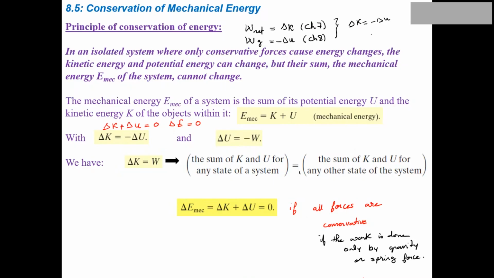If I have some friction, then some energy is lost by heat. I will not say the total mechanical energy change is 0. Rather, some of the mechanical energy will be lost. So here in this slide, I essentially defined the total mechanical energy of the system to be the sum of the kinetic energy plus the potential energy. The potential energy can be either the gravitational one or the elastic potential energy.